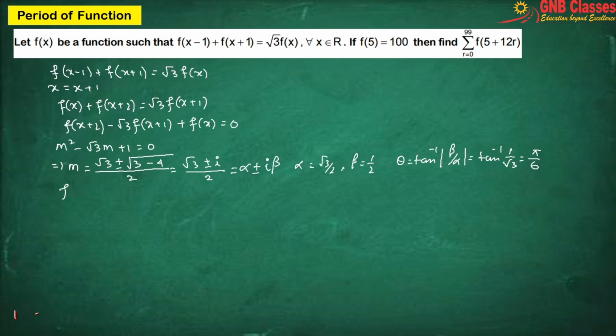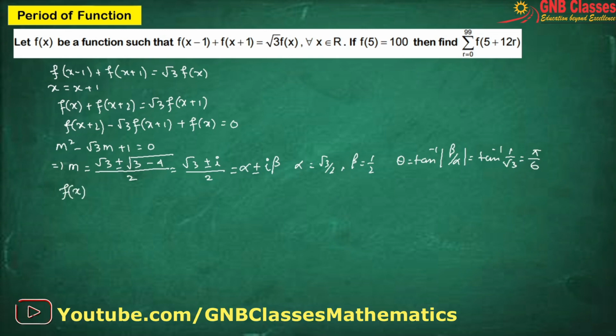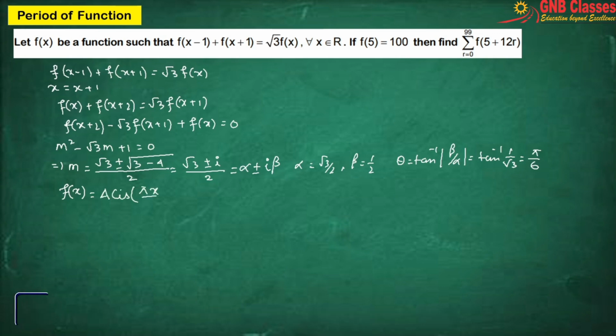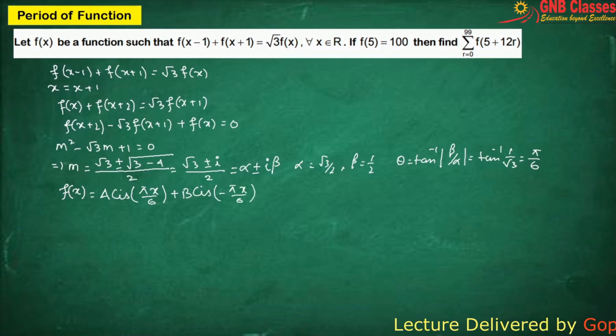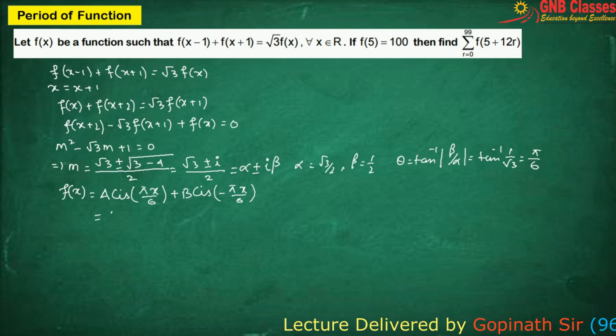Therefore, our function will become a times e to the power theta x, that is pi x by 6, plus b times e to the power minus pi x by 6. Yes or no?